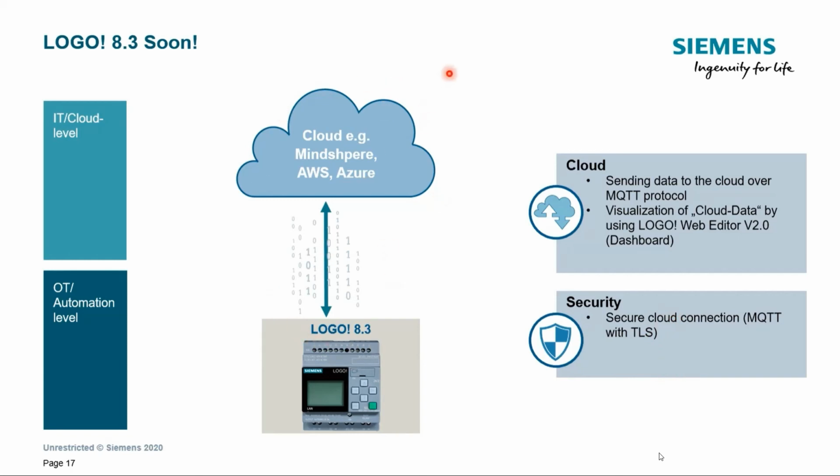So this is just a heads up to know the future of LOGO. In addition to all the highlights and innovations that we have mentioned, this year we will also have the LOGO smart enough to be connected to the cloud for IoT applications.